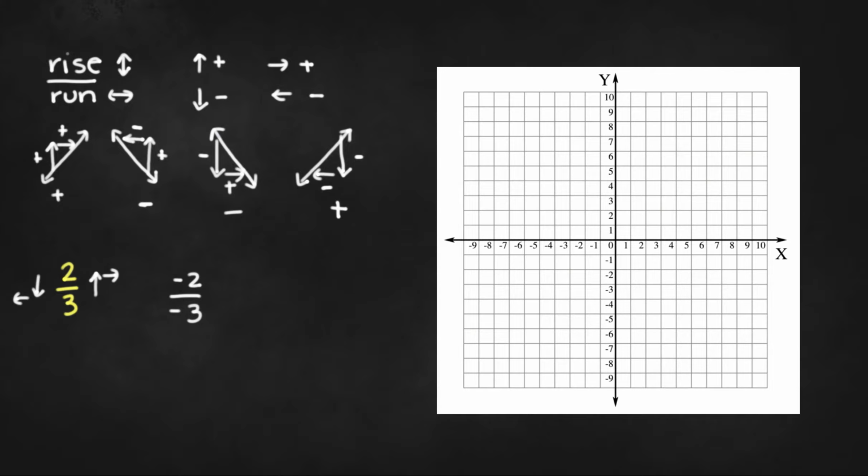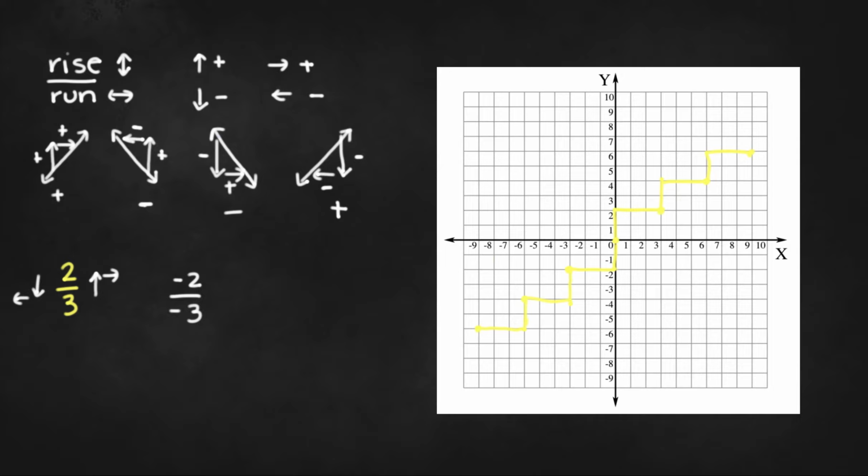So if we want to graph this, we can start at the origin and try to graph a line. We can go up 2 and right 3 and keep moving in that direction, or we can go down 2 and left 3 and continue moving in this direction.